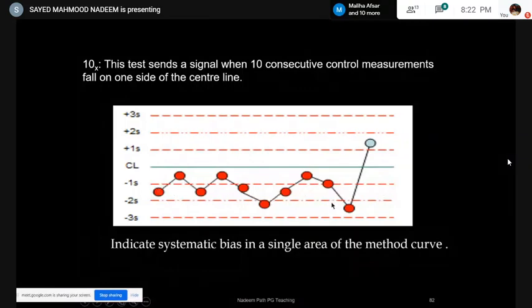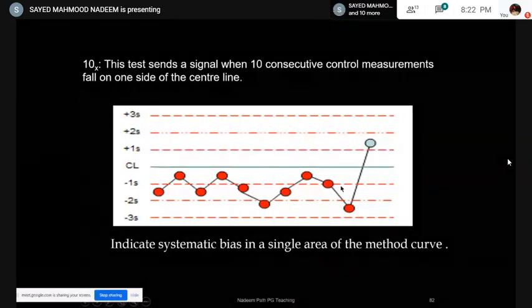One thing is very important to understand: this 10x rule is not applicable in most of hematology activity. The reason behind that is many times the hematology control has a potency of only 14 days.